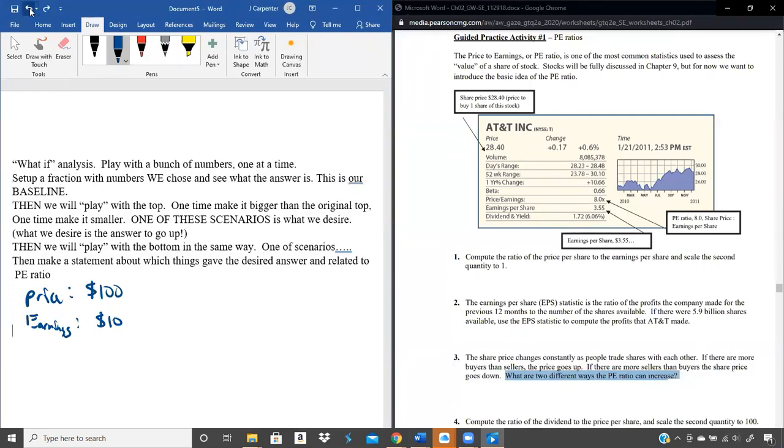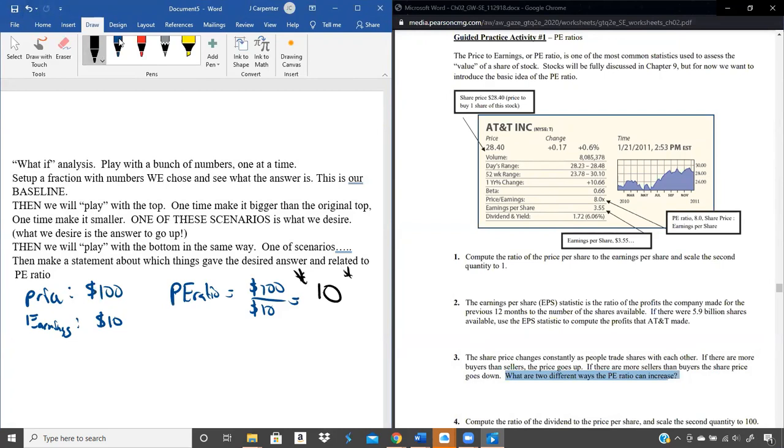Sorry for that. So then our PE ratio would be 100, because that's the price, to the earnings, which is 10. And 100 divided by 10 is 10. And I'm going to put this in a different color.